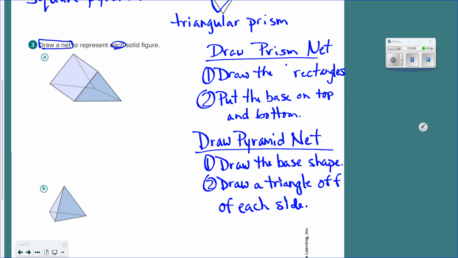So in the prism, you start with the rectangles, and you're going to add the base shape on the top and the bottom. For a pyramid, you start with the base shape, and then you can draw a triangle off of each of the sides of that base shape.